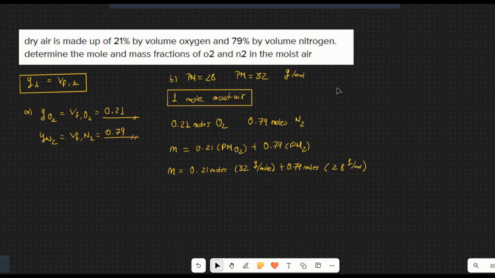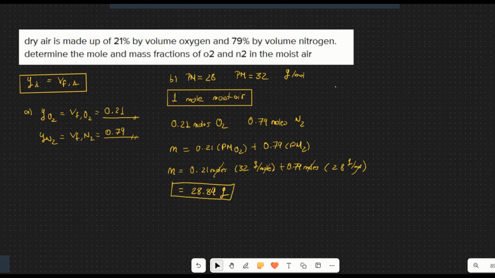So we're going to determine the mass of moist air by performing these products and additions, which are 6.72 for oxygen plus 0.79 times 28, which gives us a total mass for 1 mole of moist air of 28.84 grams. Moles cancel out with moles, and we're simply left with grams.